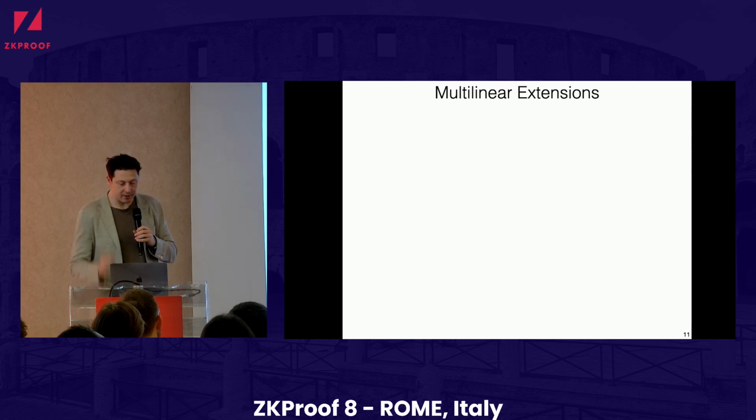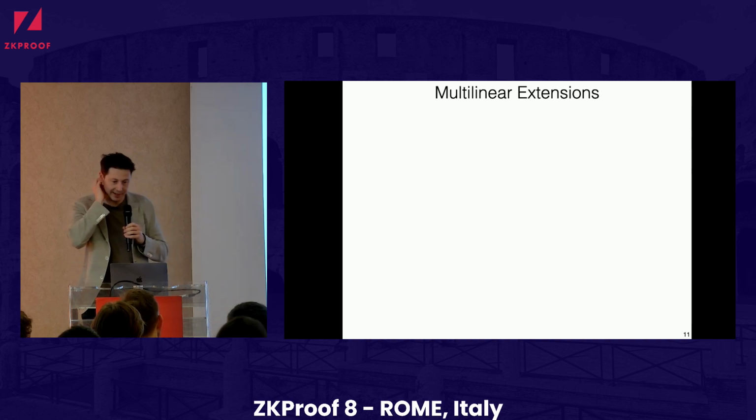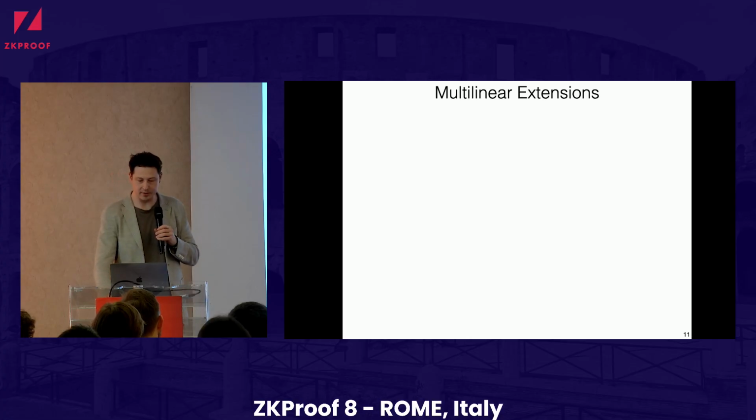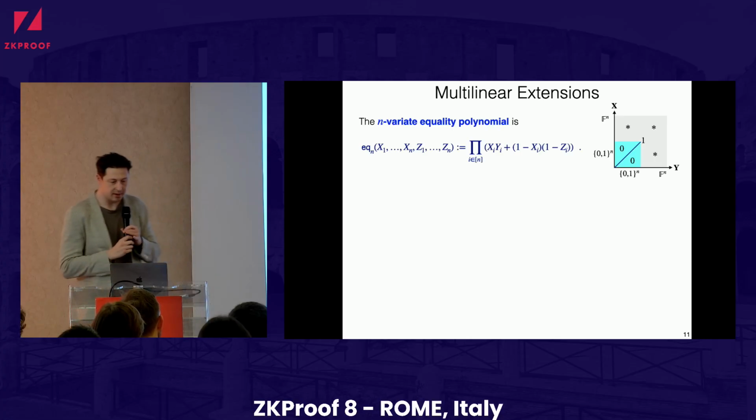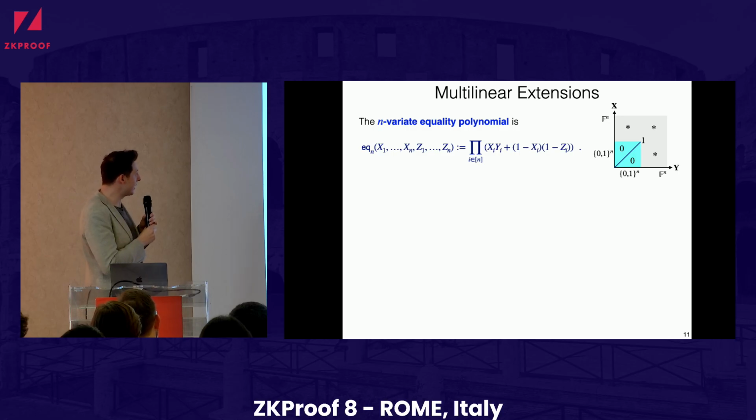All right. So the only polynomials we're going to use in the entire talk are multilinear extensions. There is this EQ polynomial, which is a low-degree extension of the identity on the {0,1} Boolean hypercube.